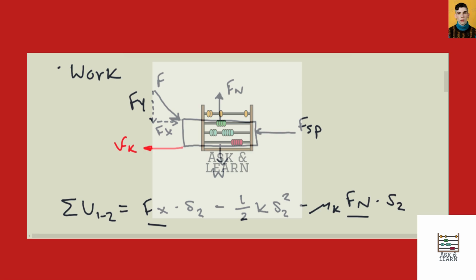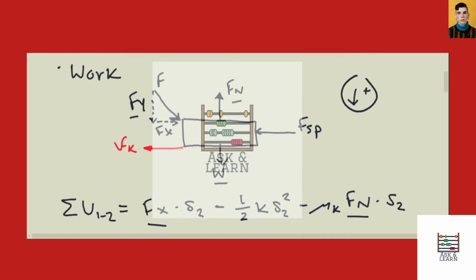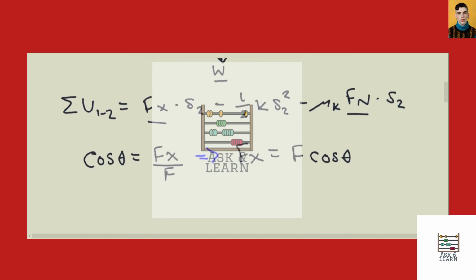So in the y direction, we have weight, we have the normal force, and we have f of y, the y component of that force at the angle of 30 degrees. And if we say going down is positive, so we have f of y and w in the same direction, and f of n is in the opposite direction of those two forces.